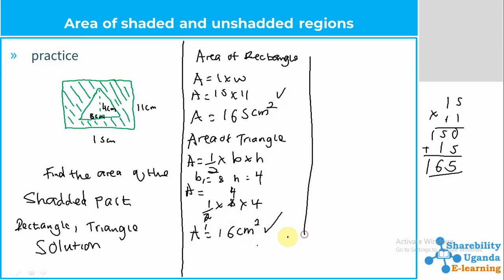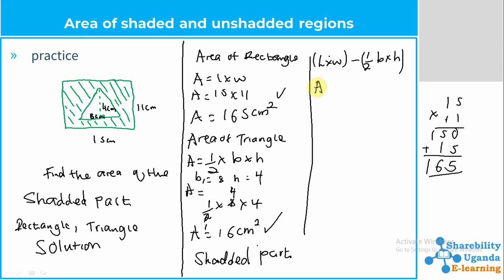Then for us to get the area of the shaded part, we can say our area of a rectangle, which is our length times the width, minus our half base height.